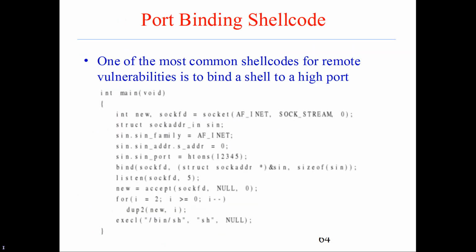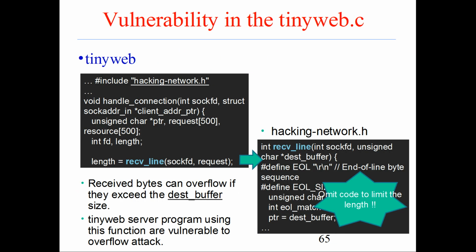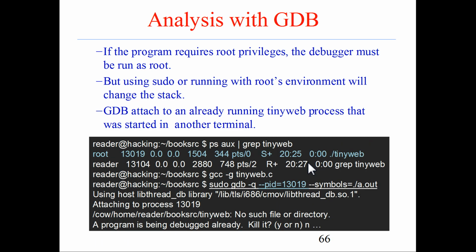So, in the textbook, the CD provided with it has an application, tinyweb.c, that has a very, very simple buffer overflow vulnerability in the receive function that receives data to the service and stores it in a destination buffer, and it's very easy to buffer overflow it.